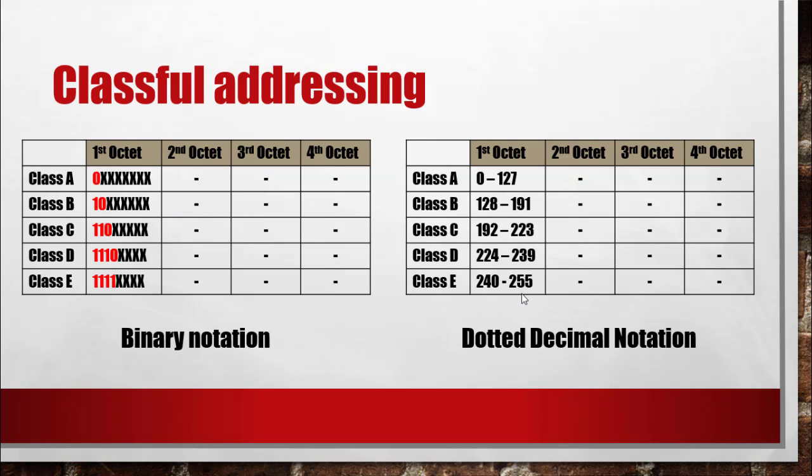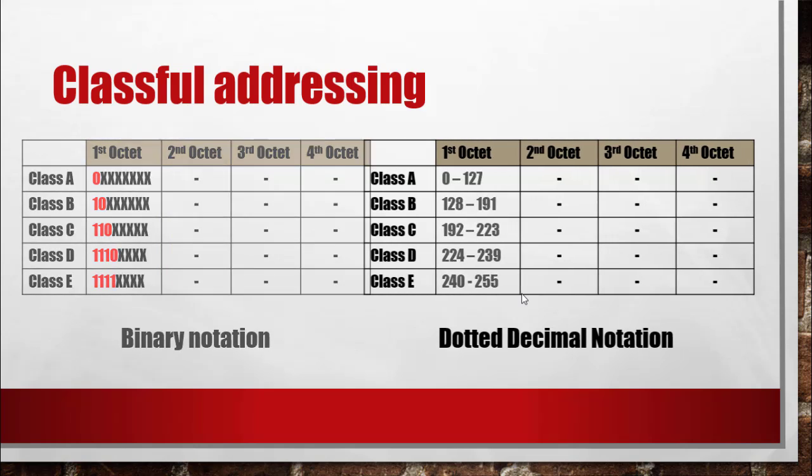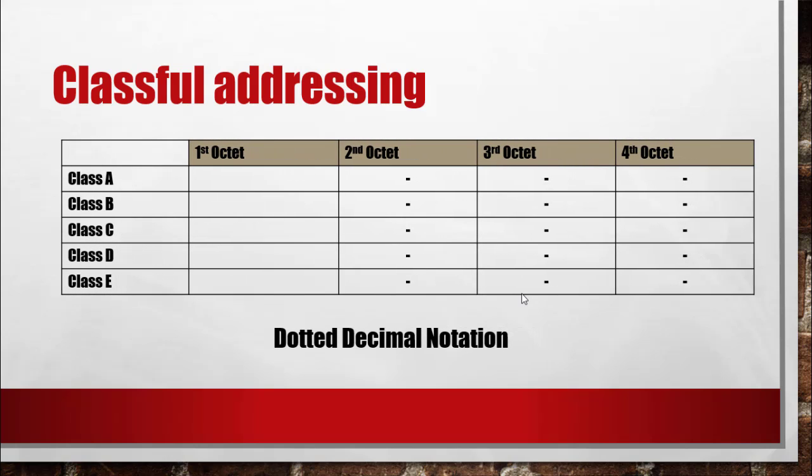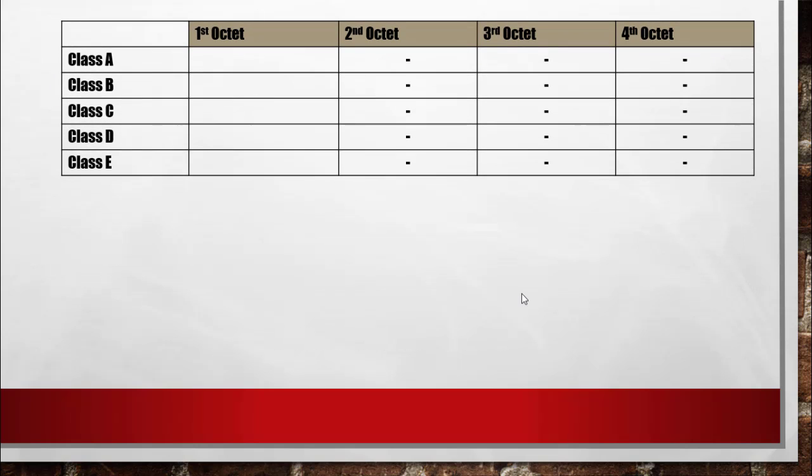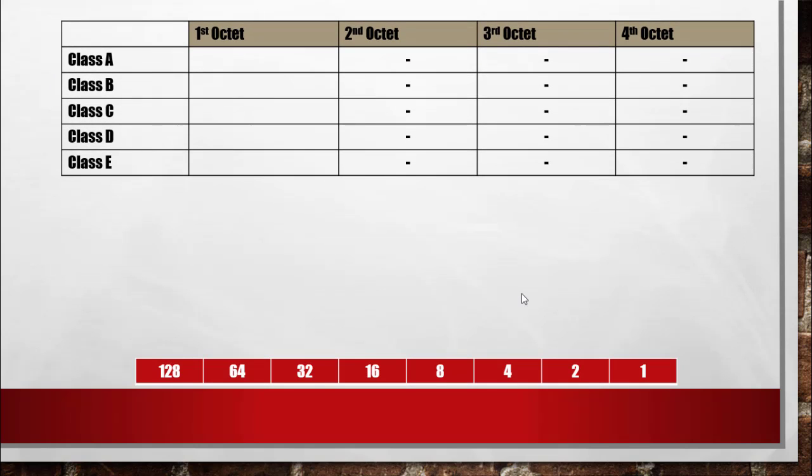Then let's look at the dotted decimal notation. Here I am going to make use of this number line. If you remember number conversions from binary, this is 2 to the power 0, 2 to the power 1, 2 to the power 2 is 4, 2 to the power 3 is 8, 16, 32, 64 and 128. Since we are using 8 bits for each octet, I am going to use it until 128.